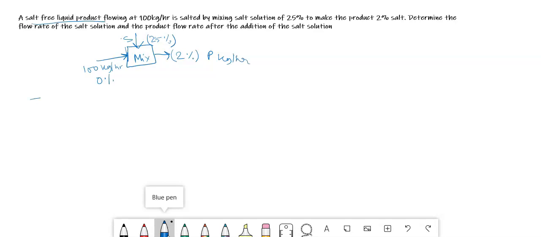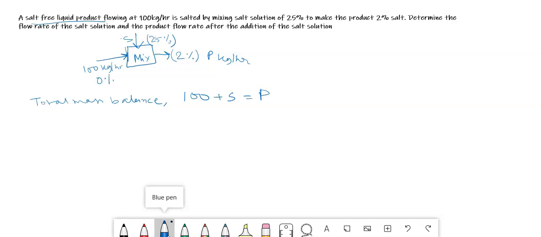So first we'll do the total mass balance as usual. It will be 100 plus S is equal to P, total inflow is equal to total outflow.